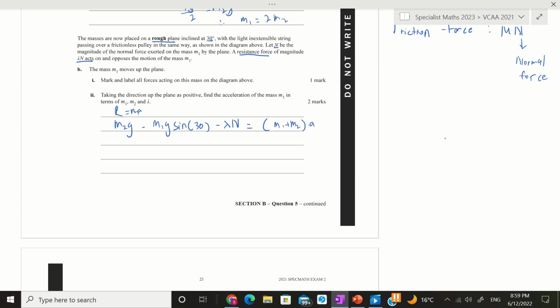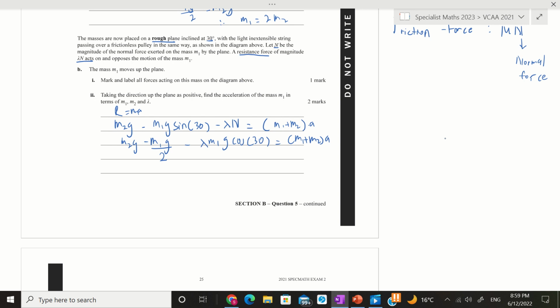So what we'll have next is m2g minus m1g sine theta, which is just 1 on 2. So I'll just write this as m1g on 2 minus delta times m1g cosine of 30 degrees is equal to m1 plus m2 times a. Cool. Let's keep going with this.